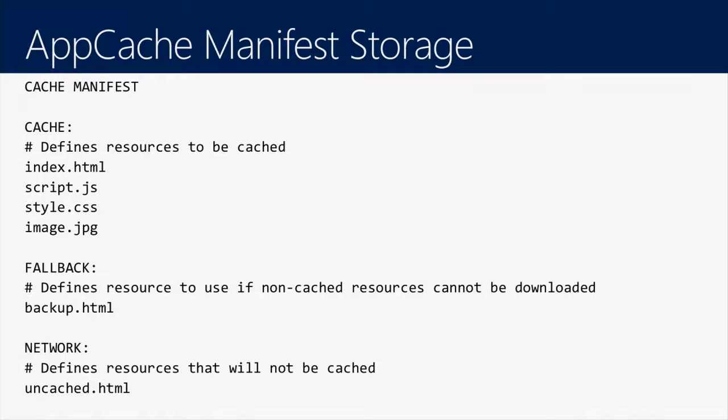And then there's this FALLBACK in case something happens. You can back up and say, I'll load this file if this doesn't work. And then in this NETWORK area, you can list pages that you absolutely never want to cache. It's really that simple. I really encourage you to try it out. And then do the test yourself. Make it real for yourself. Build a website. Don't even do anything crazy with programming yet.